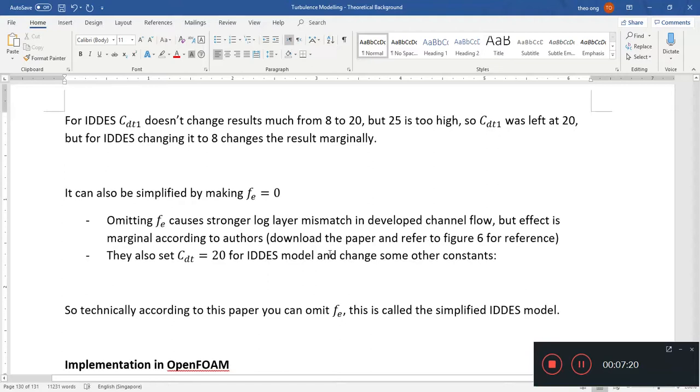Okay, and in this paper, we also have a simplified version of IDDES for K omega SST.